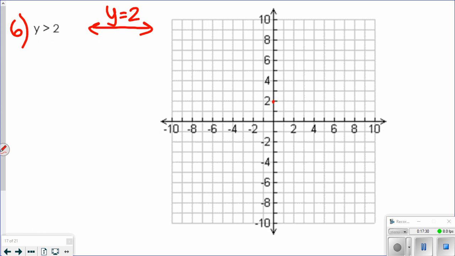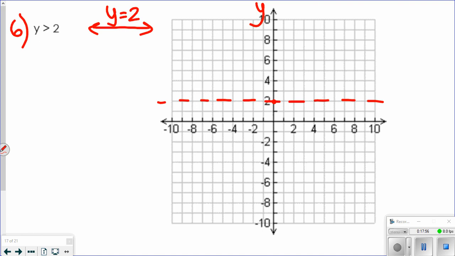Okay, so here's 2 on my y-axis. Is this line going to be solid or dotted? This is going to be dotted. Because of my sign, I do not have an or equal to line.